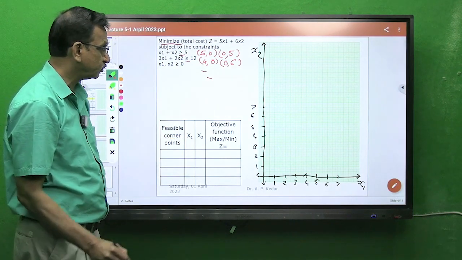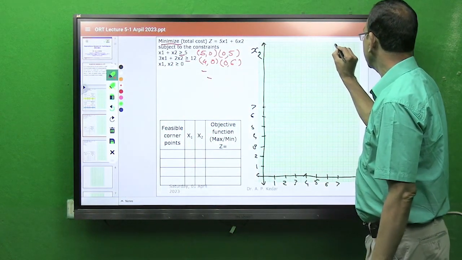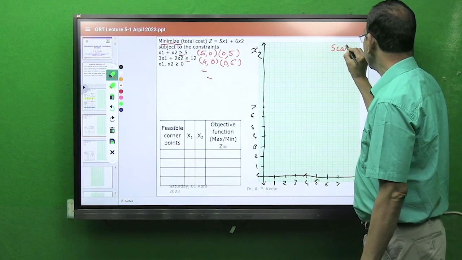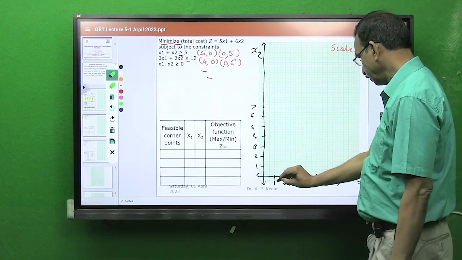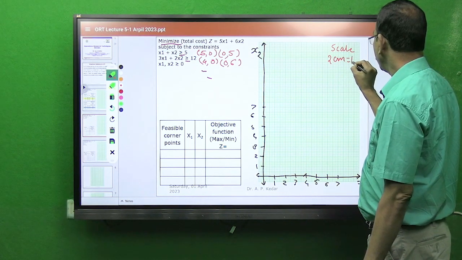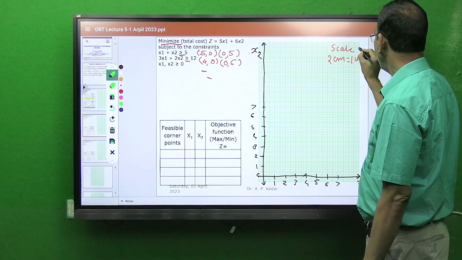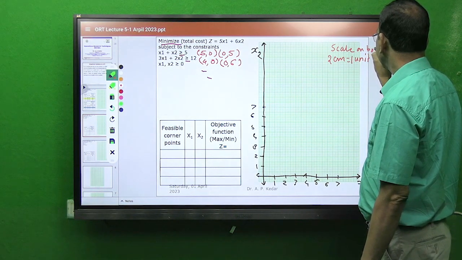Now our task is to define scale. So as we did in previous scale, here the scale will be same. So here now 2 centimeter is equal to 1 unit, and it is on both axes.